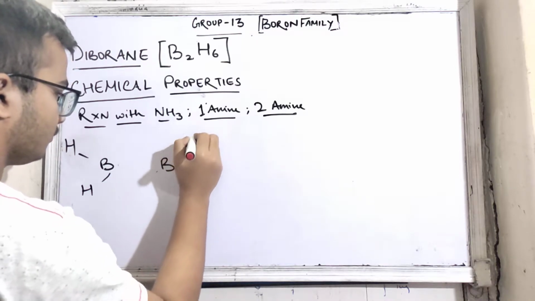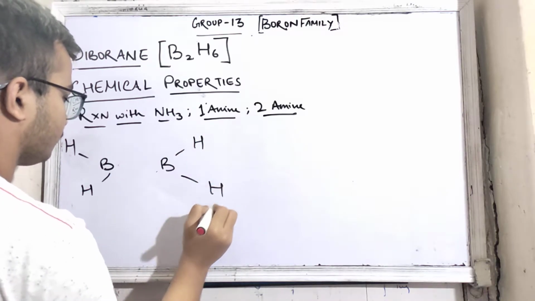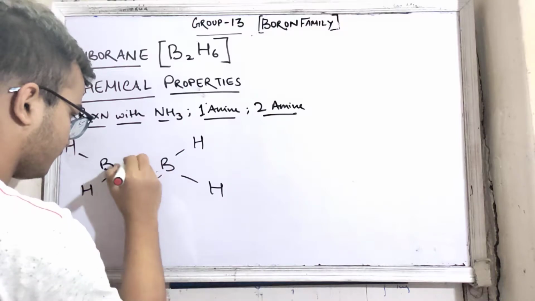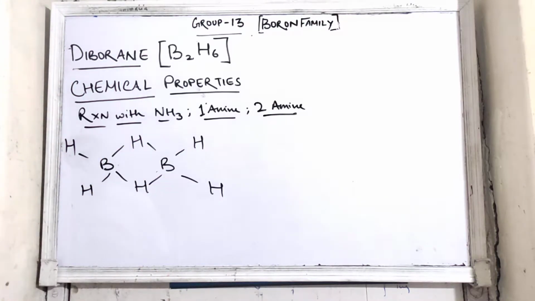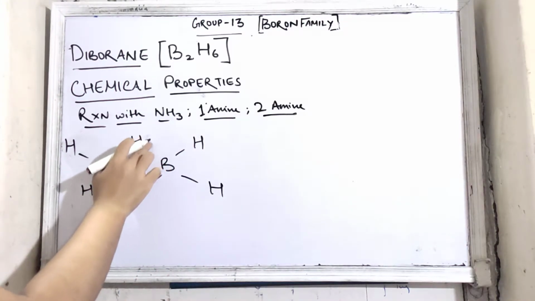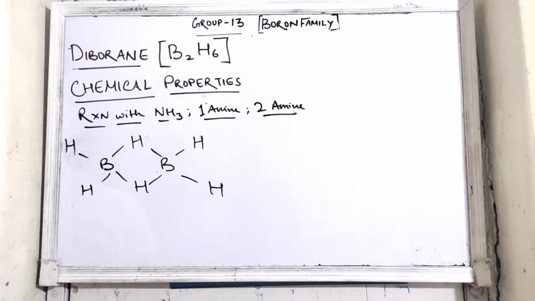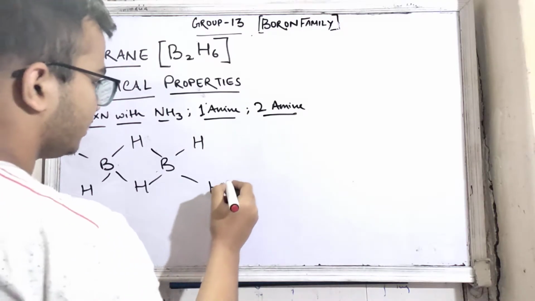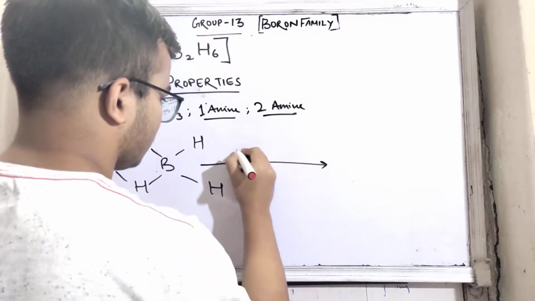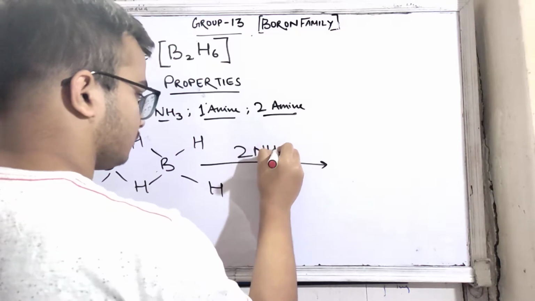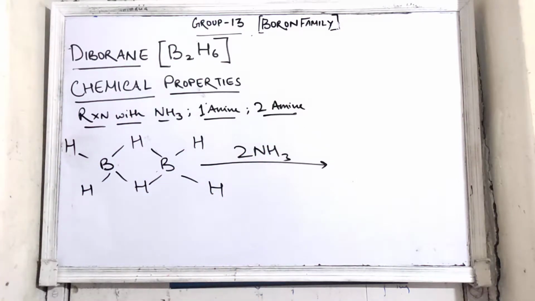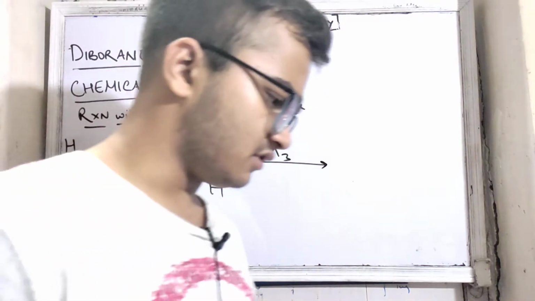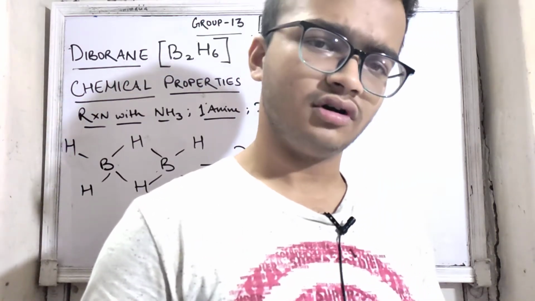So B. This is the structure of diboron. This is the banana bond. I will discuss it later on. Now here, when you take it with ammonia, 2NH3, a phenomenon happens here which is called the unsymmetric bond cleavage.